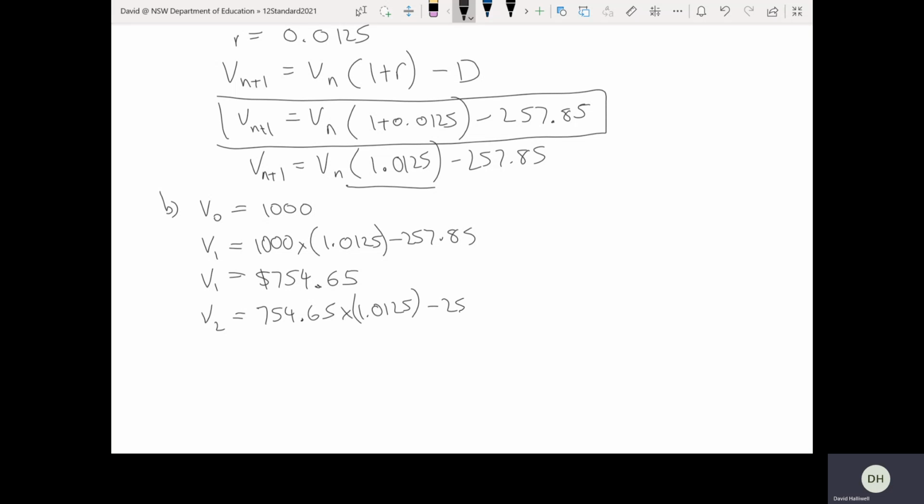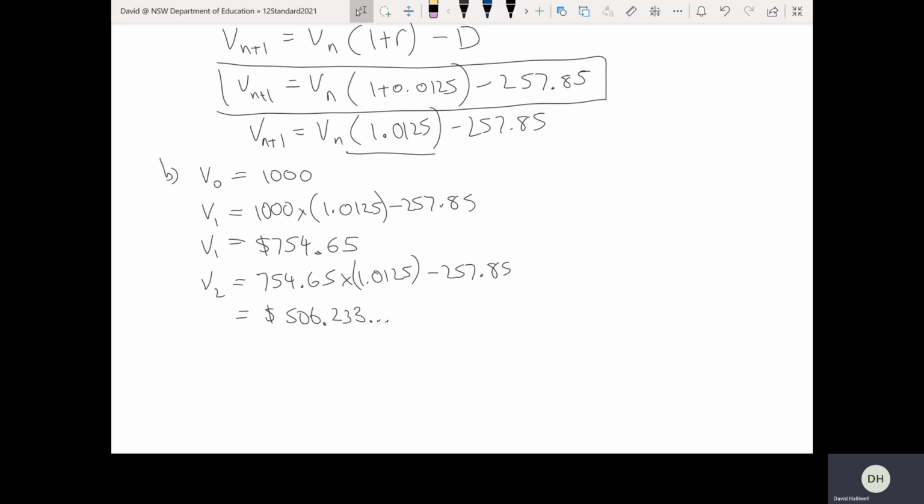And then we minus our repayment. Put that into your calculator. You get 506.23. Now, it's got many decimal places. I like to write 3 decimal places and put dots. We're going to keep it exact. Remember, we only round on the very last line.